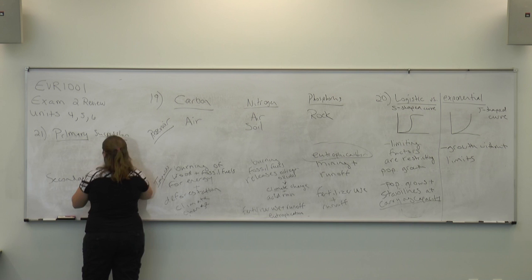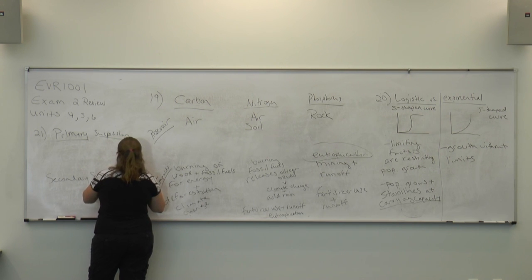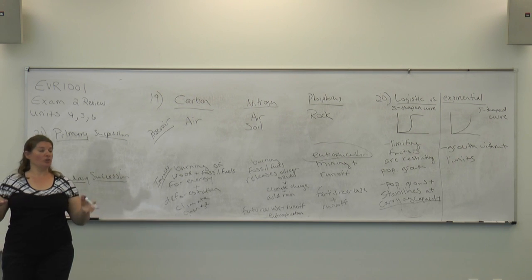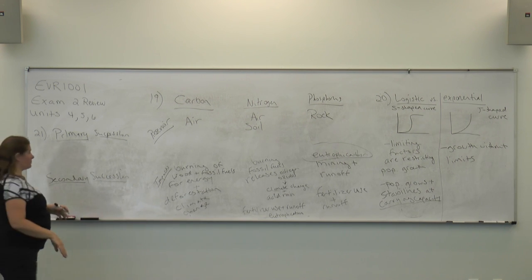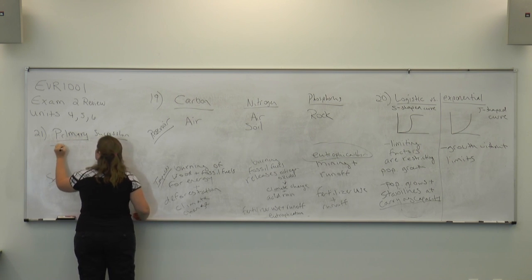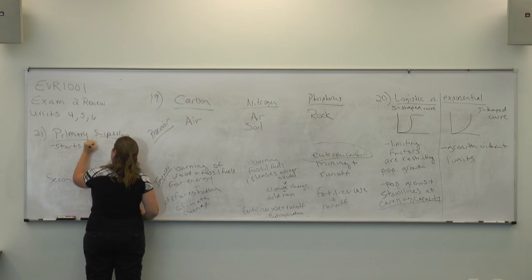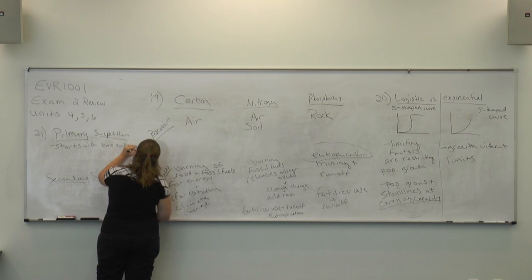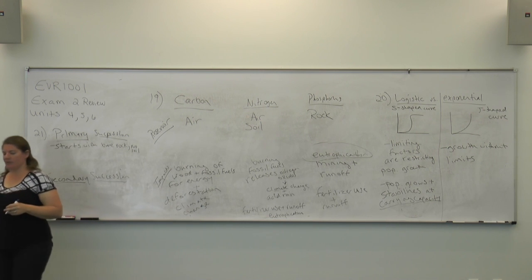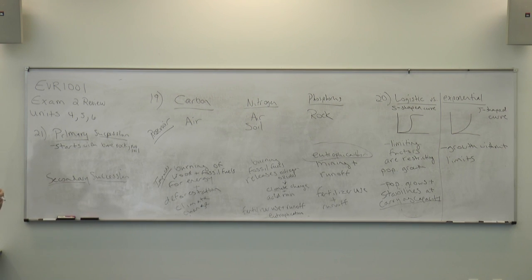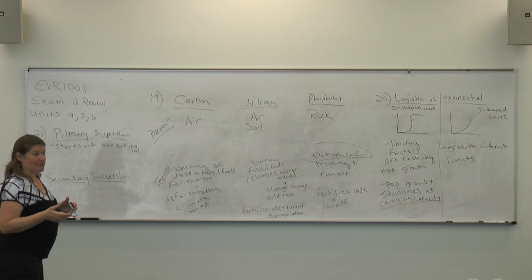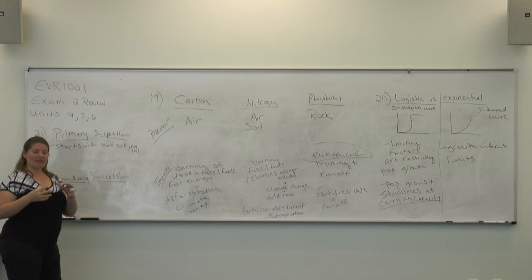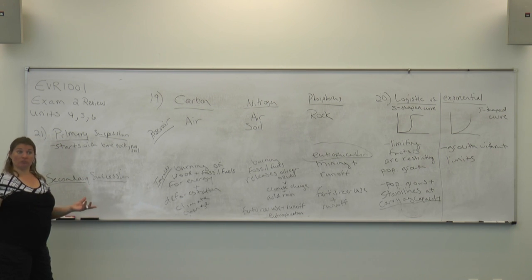Primary succession takes a very long time. And that's because you're not starting with anything. You're not even starting with soil. You're just starting with bare rock. Okay? No soil. So the first thing that has to happen is that pioneer communities, such as lichens, need to move in and colonize the rock, and then over time the lichens break down the rock and make soil.